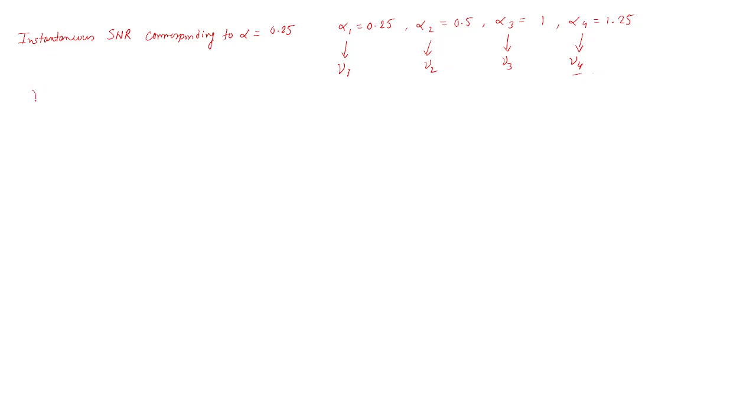When we are computing gamma 1, we are doing alpha 1 square times capital gamma, which is 10 to the power 4. Therefore this is 0.25 whole square times 10 to the power 4. This comes out to be 0.0625 times 10 to the power 4, which is 625. Now we proceed to compute gamma 2, which is alpha 2 square times capital gamma.